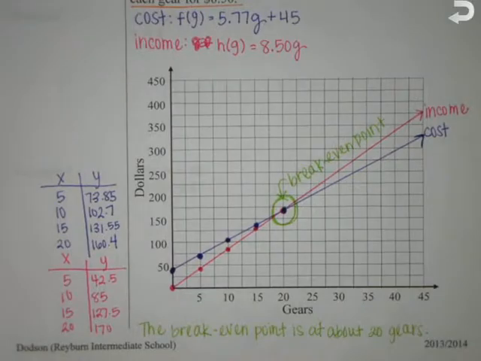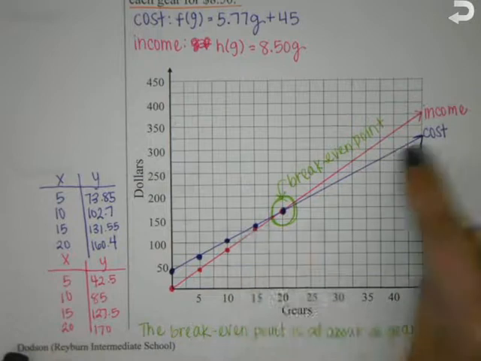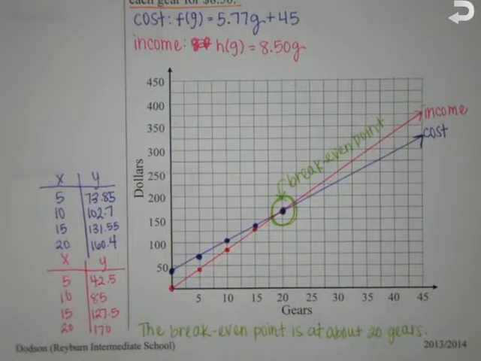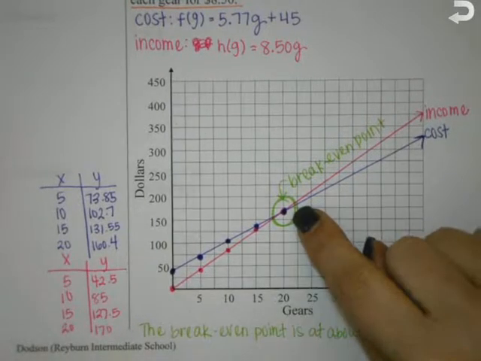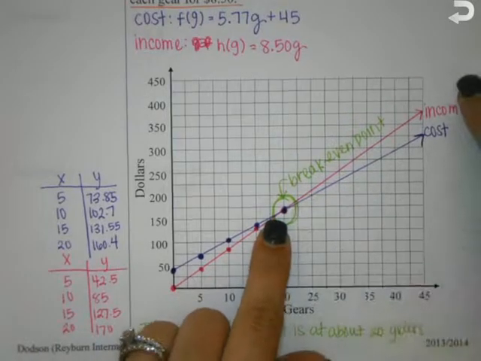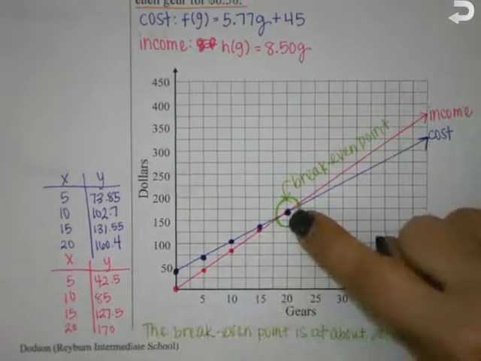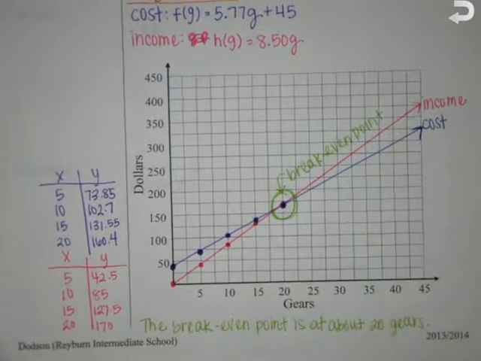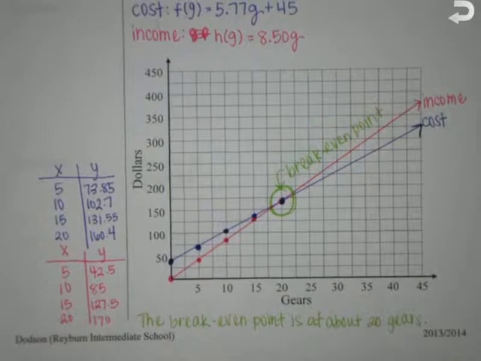So we were graphing our income and we graphed our costs, and we determined where the two met. So how much they were spending met how much they made in terms of dollars, and that's what we call the break-even point. After the break-even point, they just start making money. Does that make sense? Because at some point, you have to sell enough to where you start actually making money to offset your costs. So our graph is not always going to be 100% accurate, but it does give us a good idea as to where our break-even point is going to be.